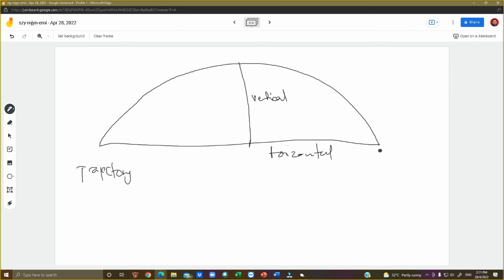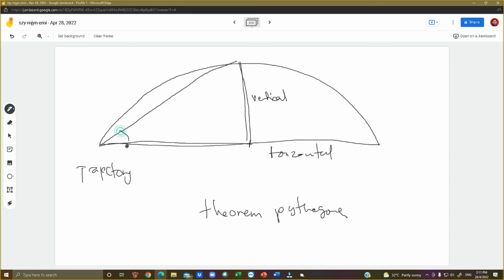Melengkung ni. Trajectory is the lengkungan, ataupun if we want to describe a projectile, we can describe in terms of the Pythagoras theorem. Okay, yang mana kita ada angle, opposite side, adjacent side, and hypotenuse. So trajectory ada hypotenuse.